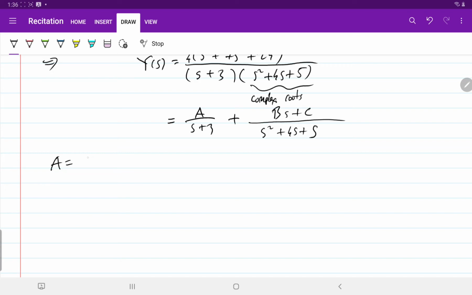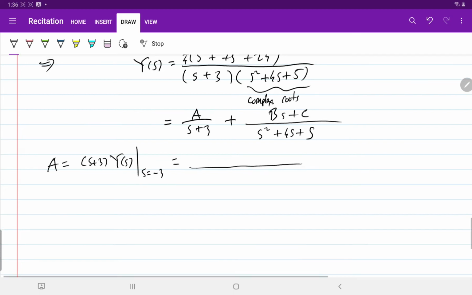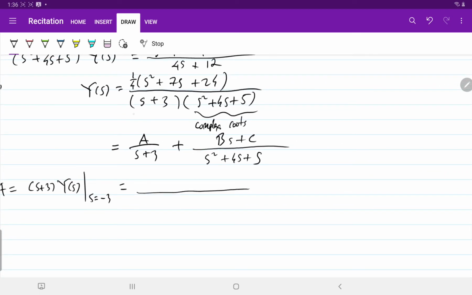Simple, multiply s plus 3 with Y of s, and substitute s equals minus 3. Then s plus 3 is gone, and you have 1 over 4 times, with s equal to minus 3, 9 minus 21 plus 24.